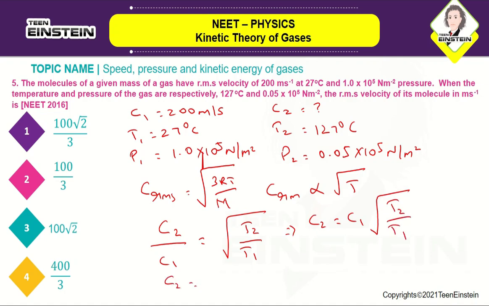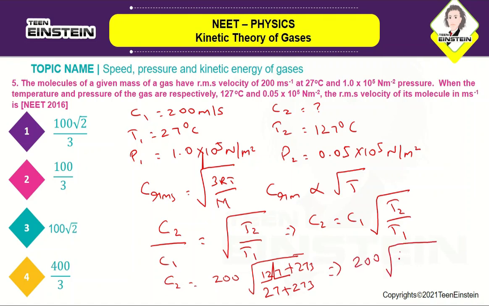So C2 is equal to, C1 value is given as 200, square root of 127 plus 273 divided by 27 plus 273. Why we are adding this 273 is we are converting it into Kelvin. So 200 square root of 400 by 300.